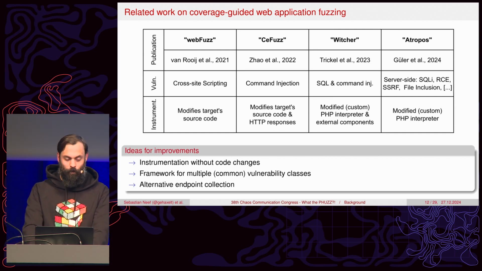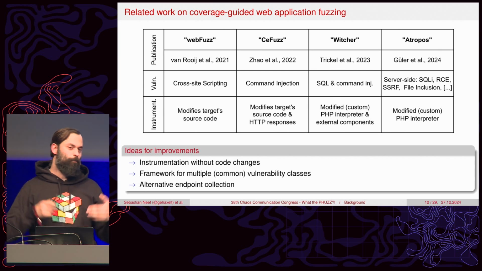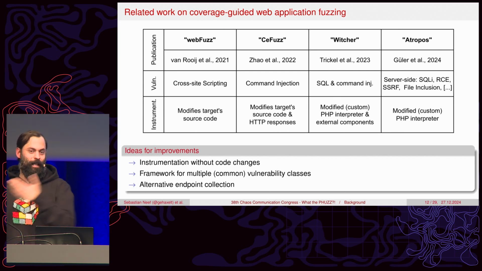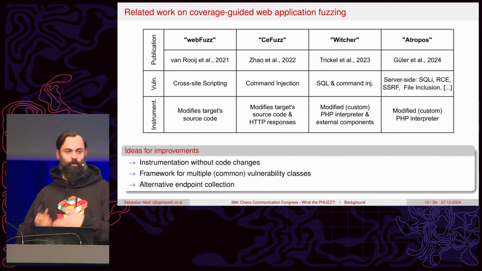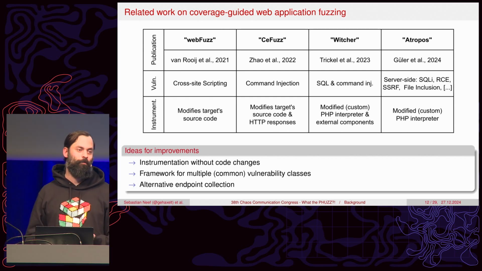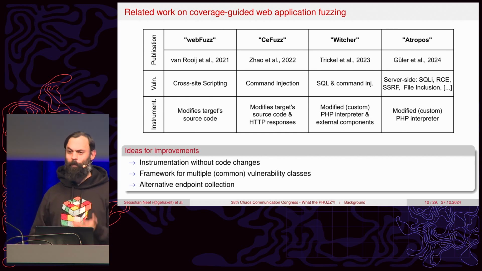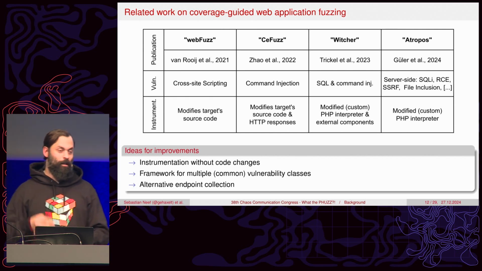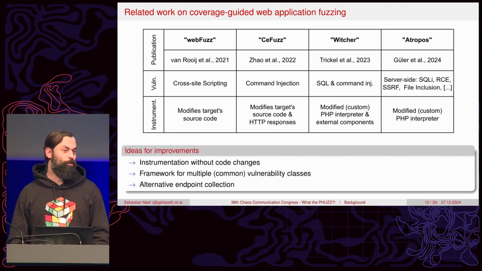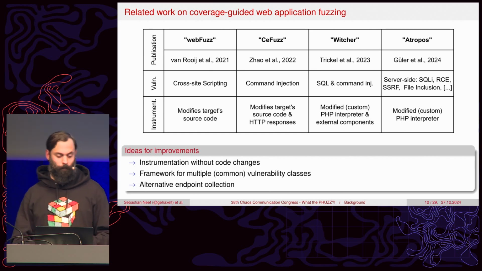For example, about the instrumentation, can we do that without actual code changes? Can we just create a framework where someone can place their web application inside a Docker container and then get started fuzzing that application for web vulnerabilities without having to recompile a PHP interpreter or modify the application source code, which might break it in some way?